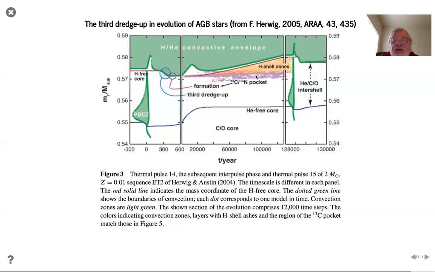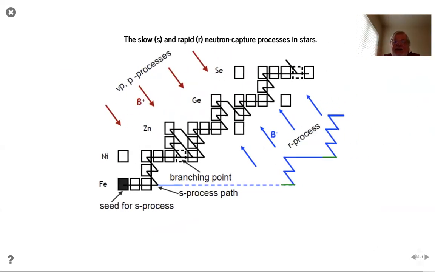Okay, and finally, this diagram shows the paths of both the slow s and rapid r neutron capture processes in stars on a schematic chart of nuclides. The s-process, the slow process of neutron capture nucleosynthesis, usually starts with iron and goes to the right, because neutron capture moves us to the right.